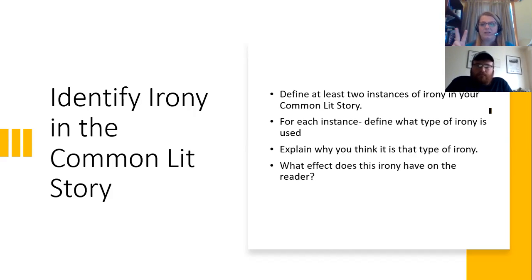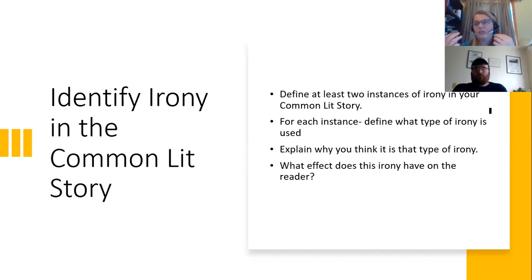So 2 instances, and then you're going to define the type of irony that it is. So you're going to say it's either situational, verbal, or dramatic irony, and why you think it's that type of irony. Just like I explained to you, if I'm thinking about what the audience knows, and how the audience knows one thing to be true and the character doesn't, then that's the explanation that I need to give for dramatic irony.